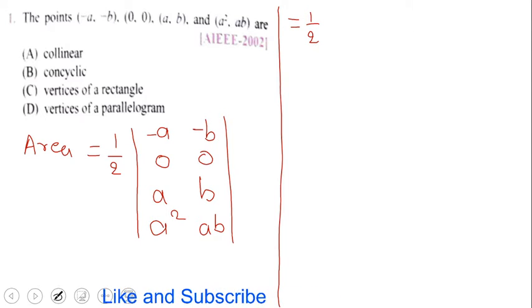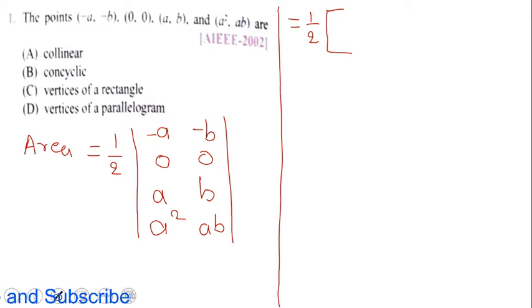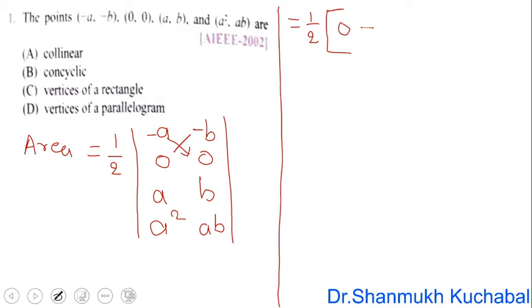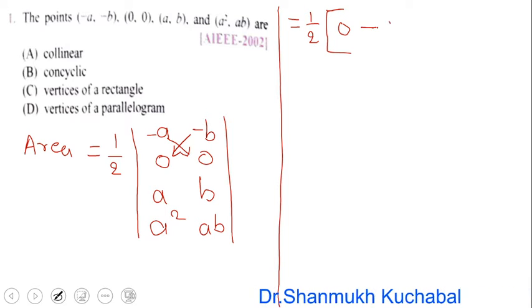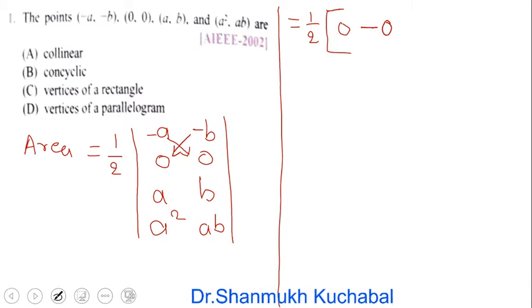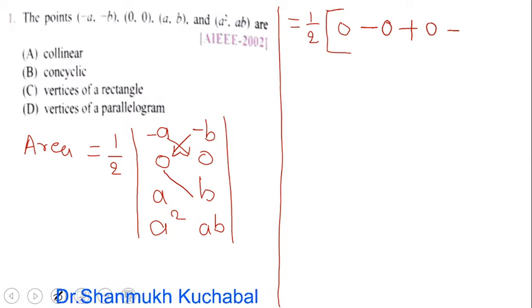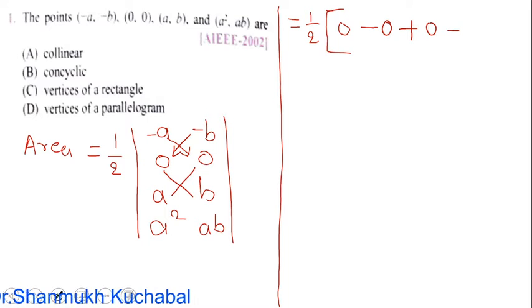Now we have to expand it by cross multiplying: -a into 0 is 0, minus of -b into 0 is 0. Next 0 into b is 0, minus of 0 into a is 0. Left to right is plus, right to left is minus.